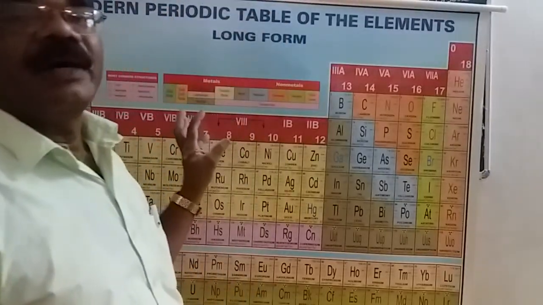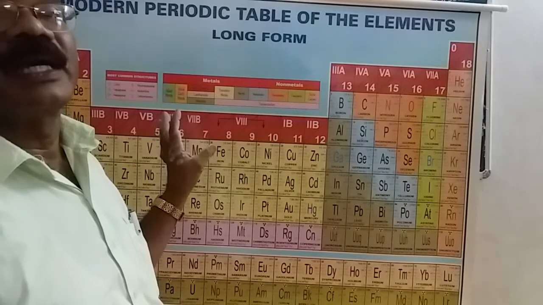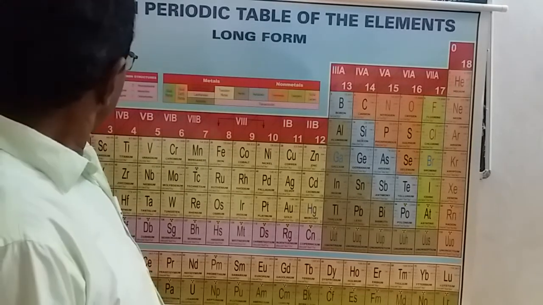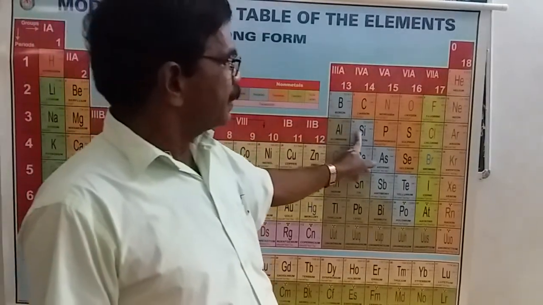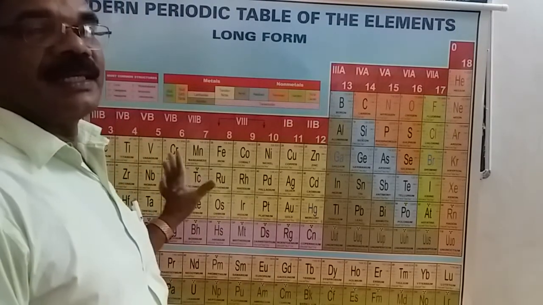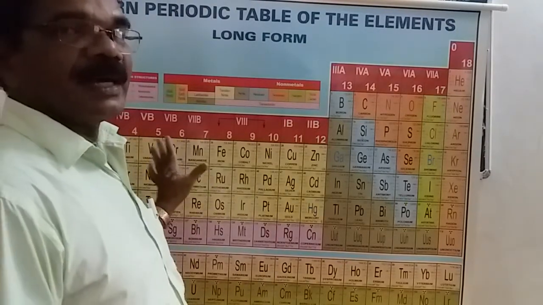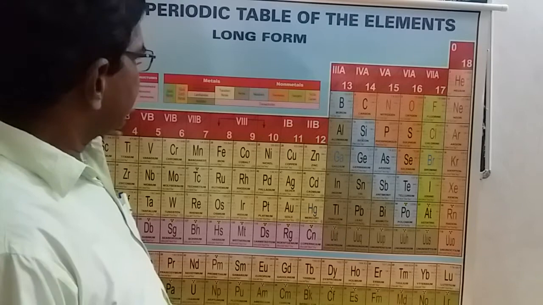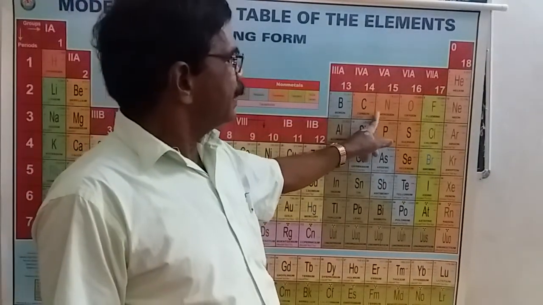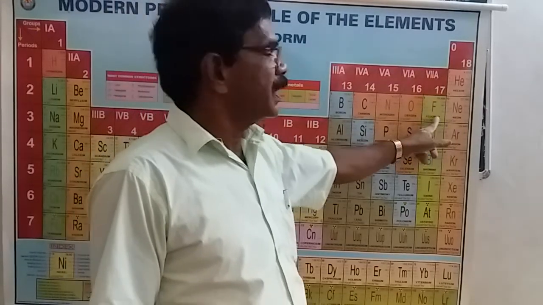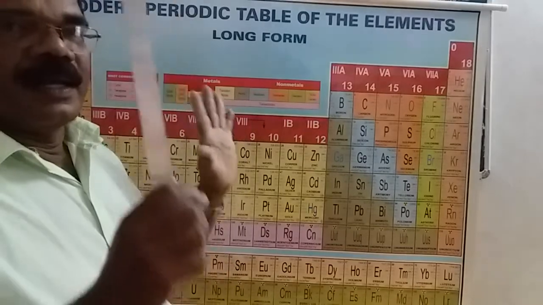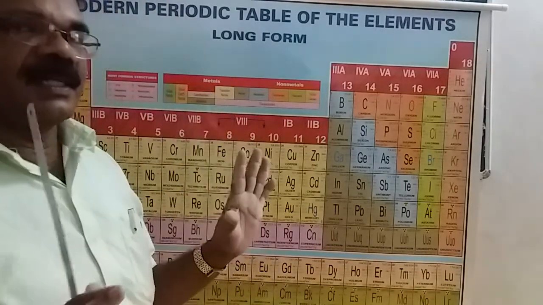Then how does the valency change among a period? At first, it increases from 1 to 4, then decreases to 0. Among a group, the valency remains the same. So we have learned the two main things.